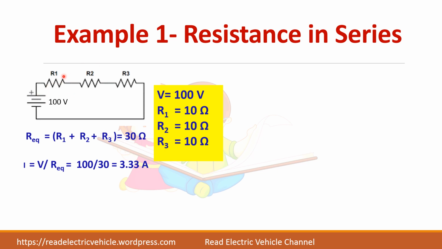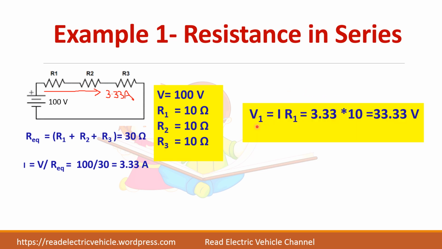Now let us find the voltage across R1, R2 and R3. So what is V1? V1 is I into R1. So you will get the I value here, R1 is 10 ohms. So you will get 33 volts.